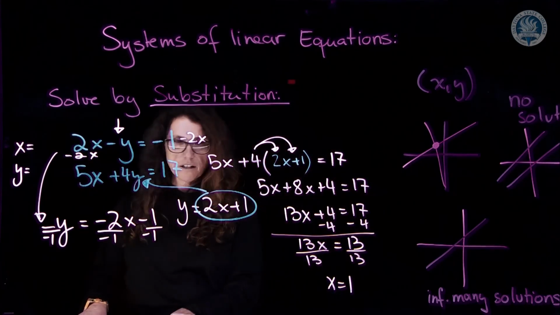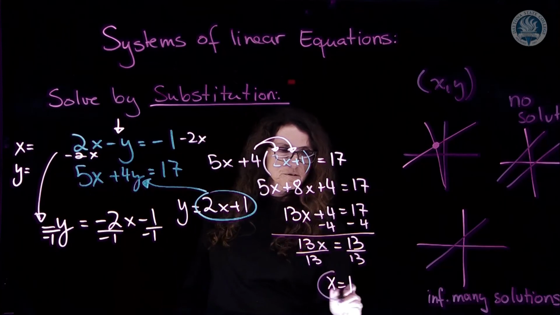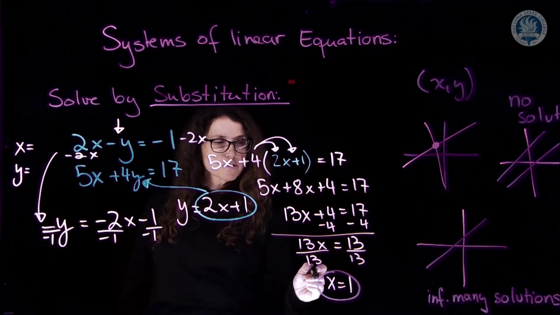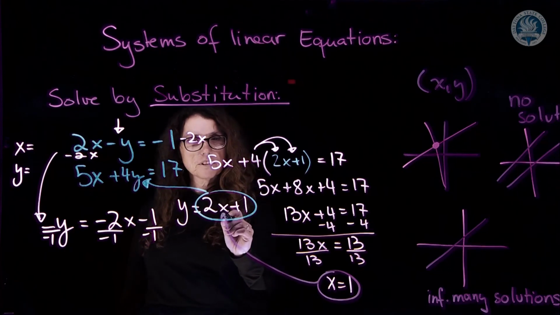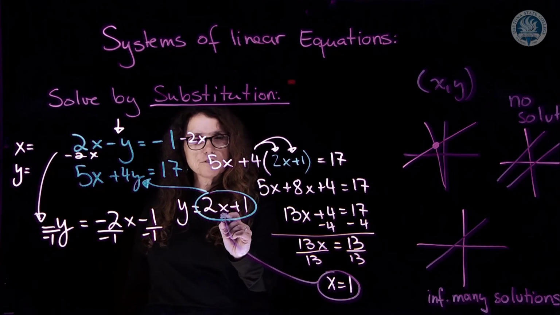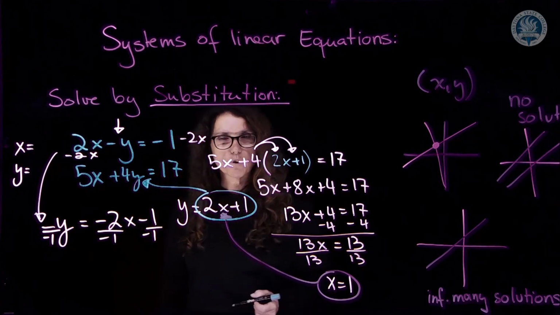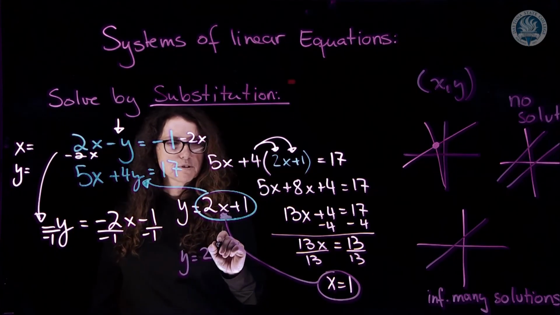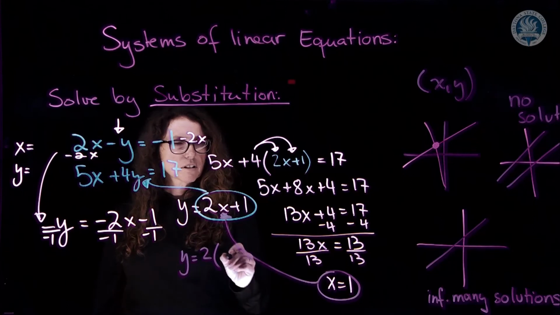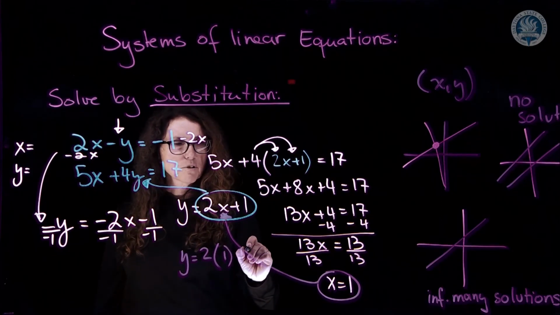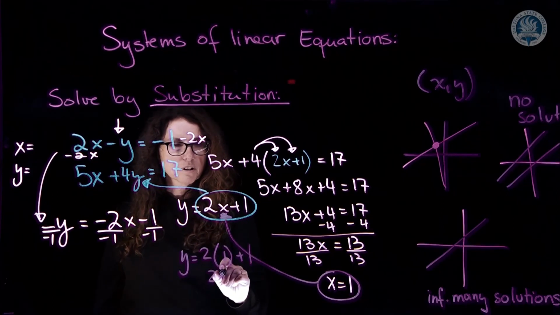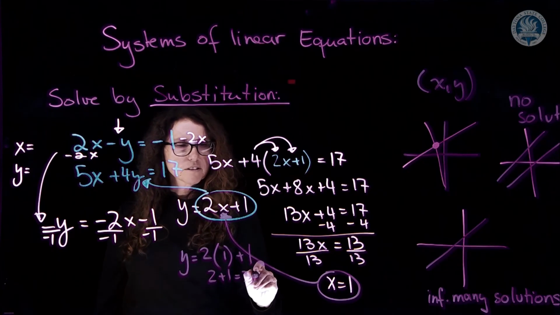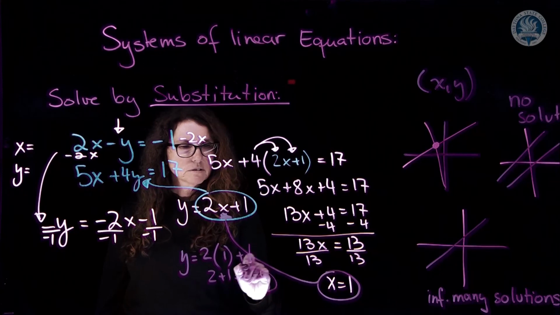Now we just have to find y. How do we do that? We're going to substitute again the x equals 1, and you substitute it into the equation that you have solved for y. That makes it easier. y equals 2 times x, x is 1, plus 1. 2 plus 1 is indeed 3. y is equal to 3.